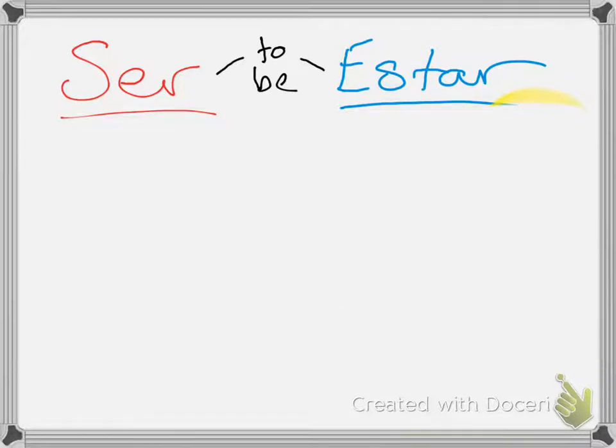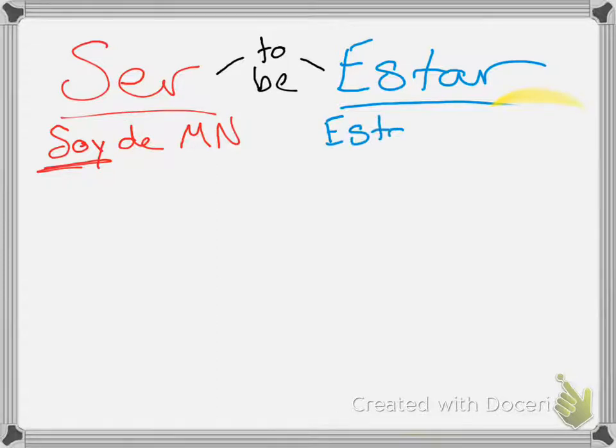For example, if I were to say, soy de Minnesota. Okay, I am from Minnesota. However, sin embargo, estoy en Colorado. I am from Minnesota, but I am in Colorado. Soy de Minnesota, sin embargo, estoy en Colorado.